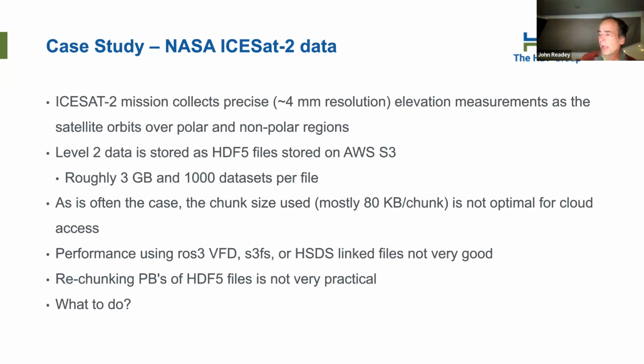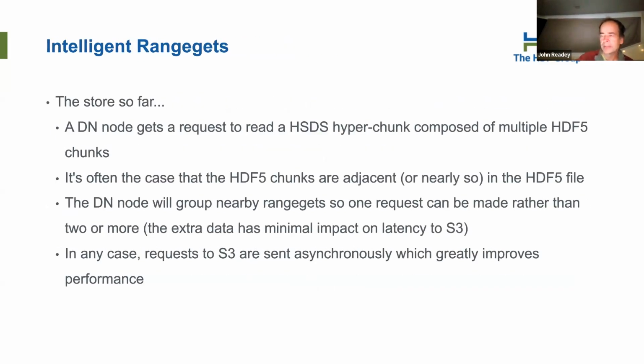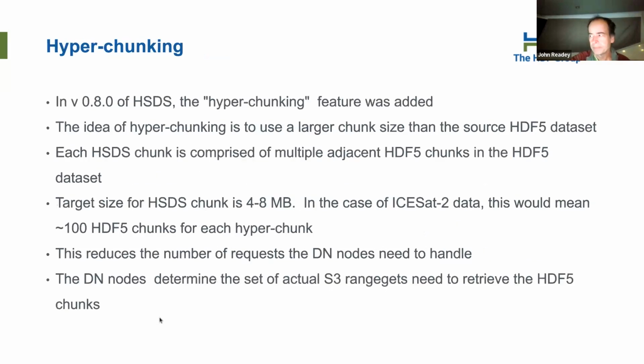So let me get on to that. The idea is that a data node would get a request to read. Oops, sorry, I skipped the page. For our latest version of HSDS, we added this hyperchunking feature. The idea of hyperchunking is that we form a larger chunk out of a group of neighboring smaller chunks without actually modifying the source file.